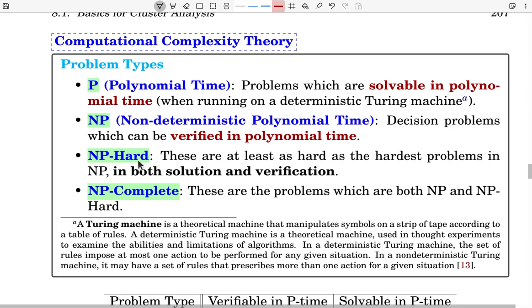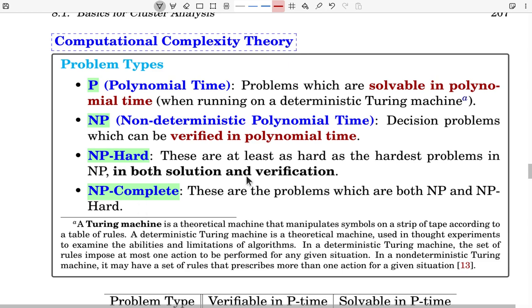Now NP-hard, these problems are at least as hard as the hardest problem in NP in both solvability and verifiability. NP-complete is the problems which are both NP and NP hard.